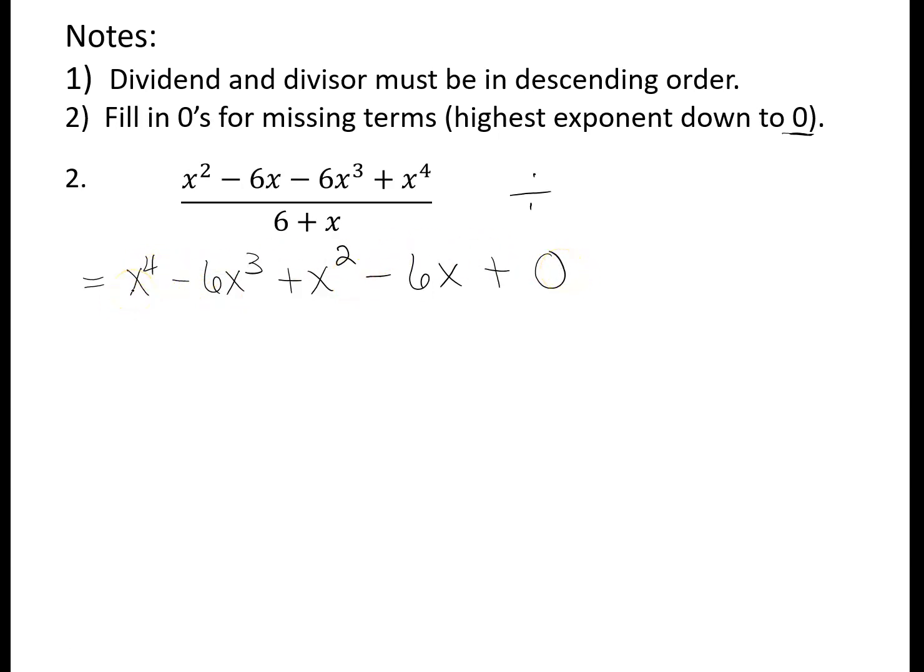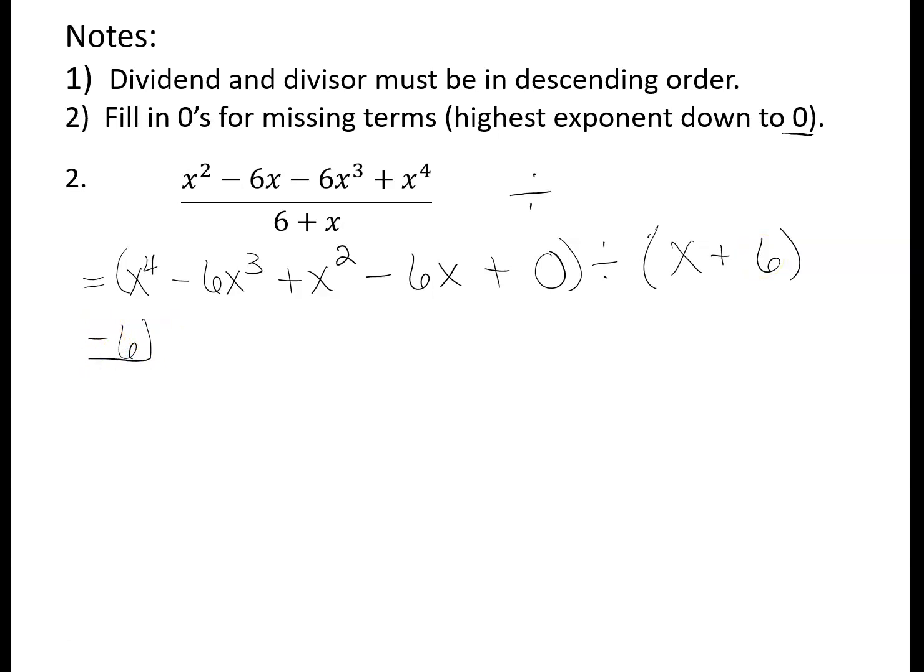All right, we'll just put it like this. This divided by, now our divisor also needs to rearrange the x first and then the plus 6. And now we're ready to do the synthetic division. Okay, so we're looking at our divisor. We are taking the opposite sign. So we're taking a negative 6, putting that in our square.